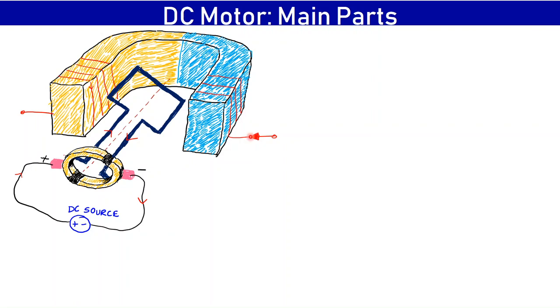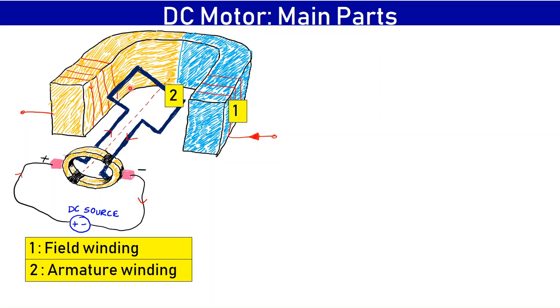We take help of a DC supply and we make an iron core into an electromagnet. So this first winding, the purpose of which is to create a magnetic field, is called the field winding.